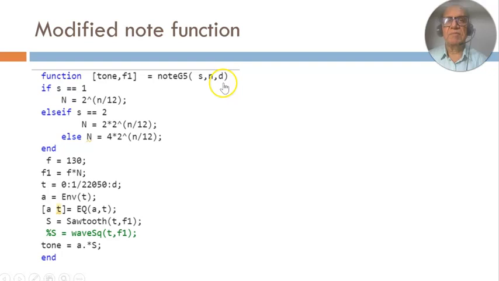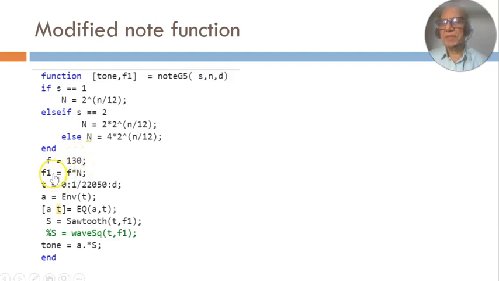The input variables remain the same, S, N and D. Remember, S is for saptak, N is for note number and D is for the duration of the note. Previously in the output we only had the tone vector, but now F1, that is the frequency of this note, is also returned. Remember that F equal to 130, in this case, is our reference frequency; it could be something else.